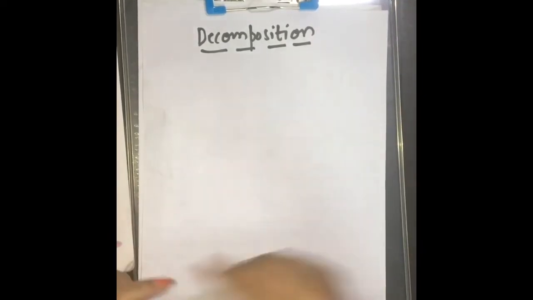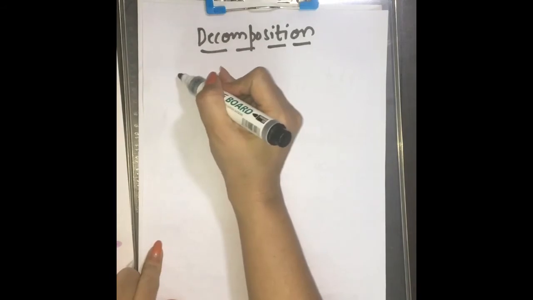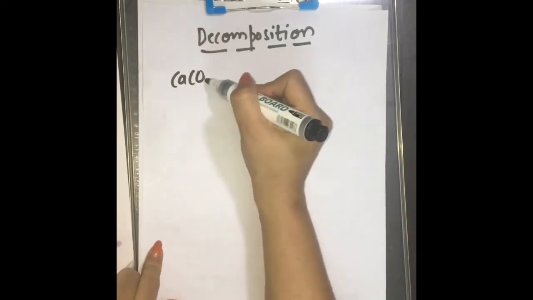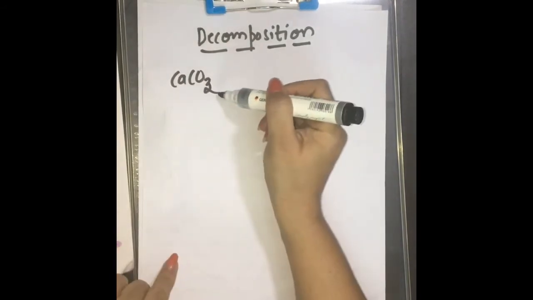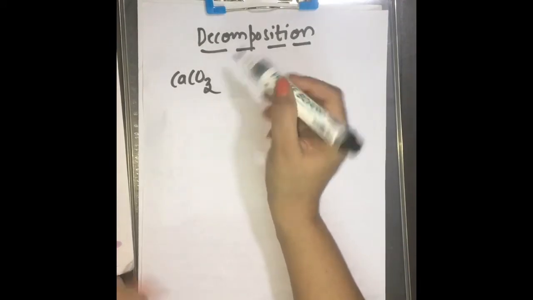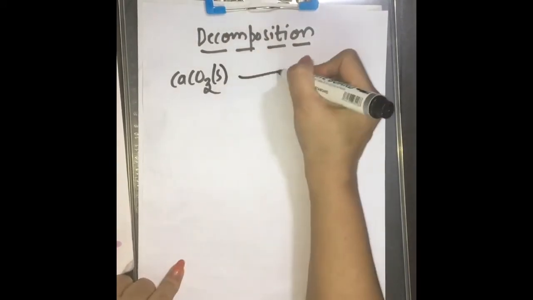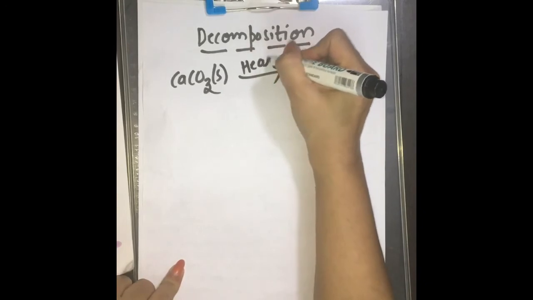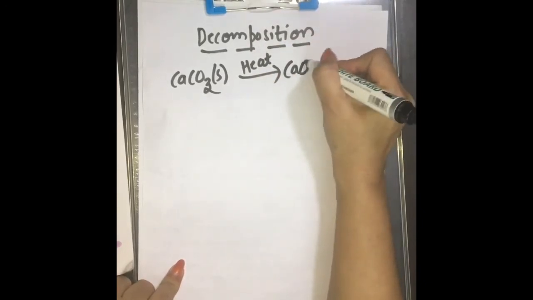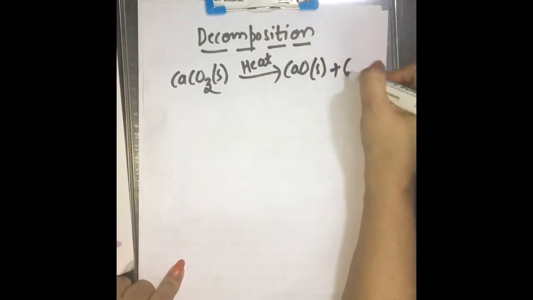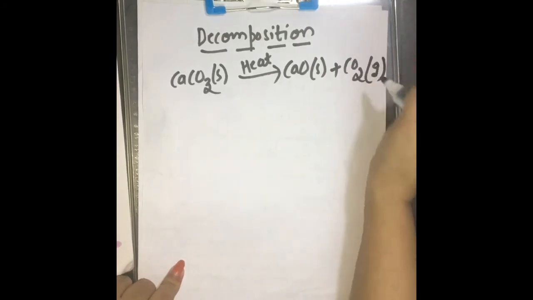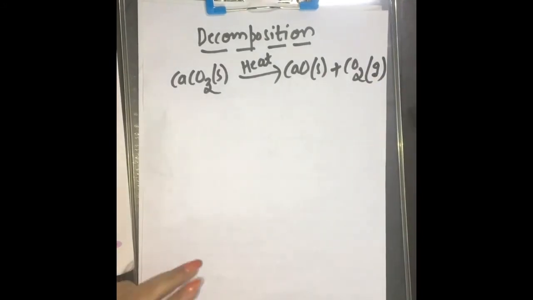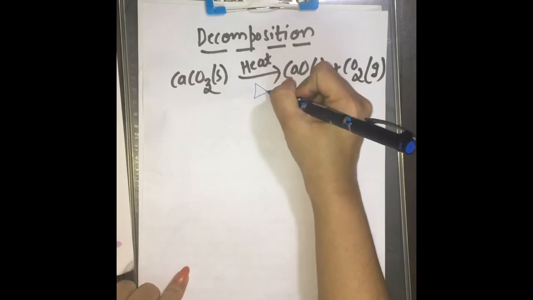For example, this is CaCO3. CaCO3 is calcium carbonate. When you heat it up, what will you get? CaO, that is again in solid form, along with the release of CO2. The symbol of heat is a triangle.